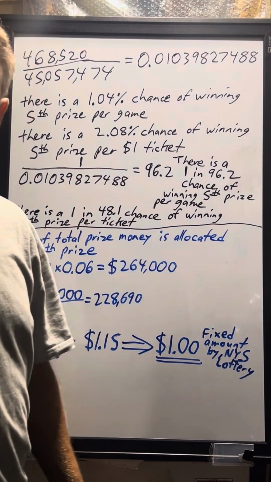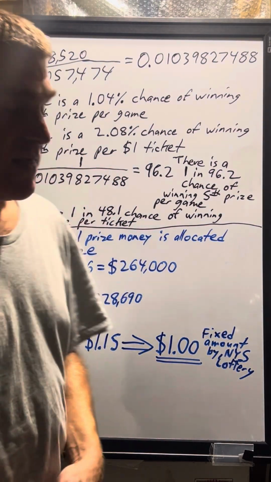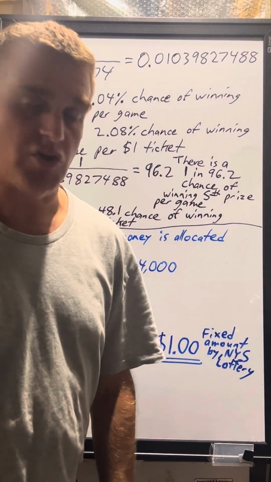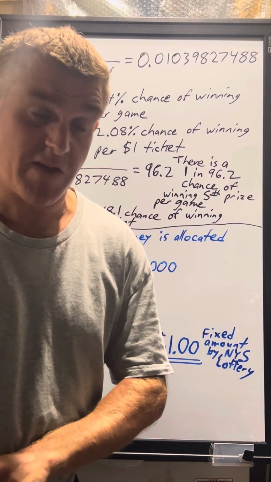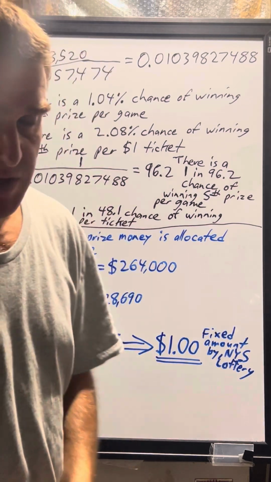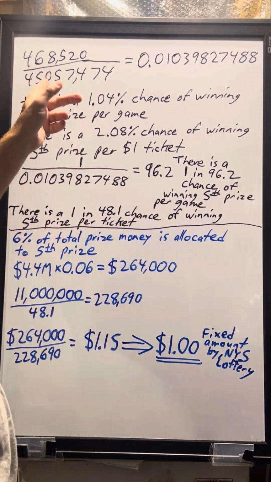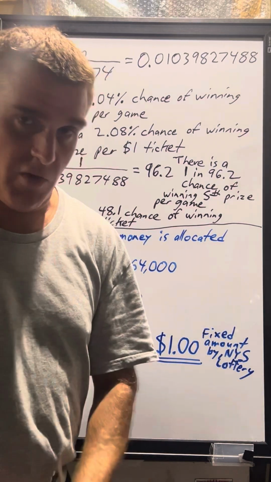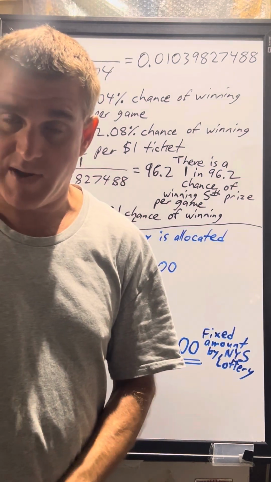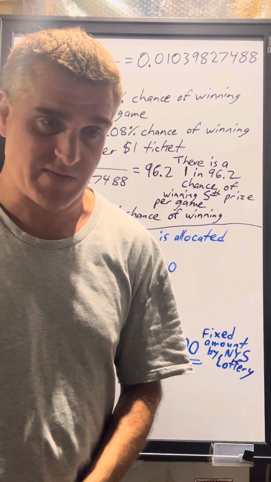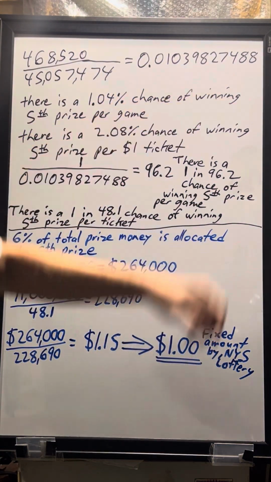So what we've calculated is that there are 468,520 different ways that fifth prize can be won, which is matching 3 out of the 6 numbers, and we divide that by the total number of all the possible ways that the New York State Lottery can be played when you're picking 6 from 59 numbers, and you get this decimal here.